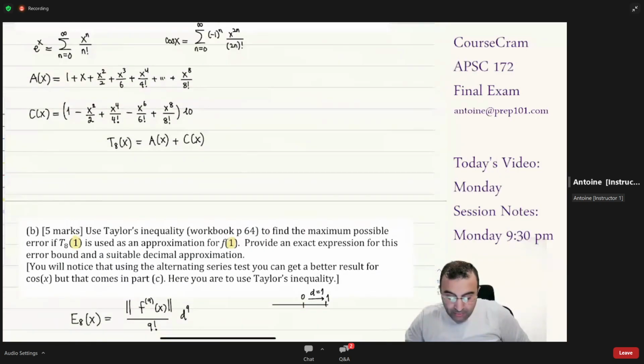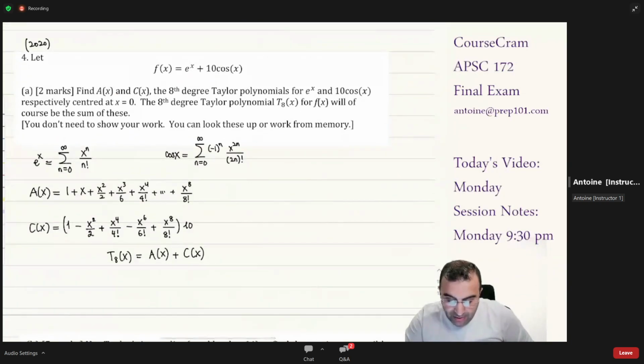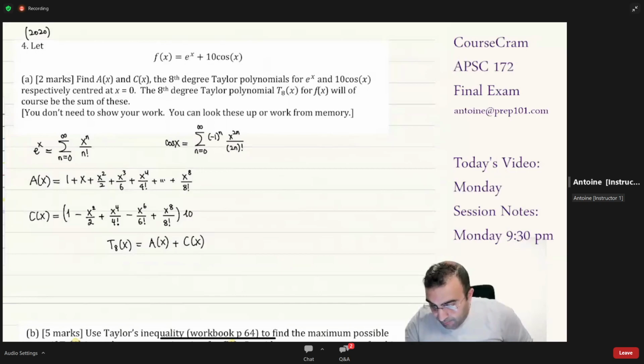Well, the derivative of e to the x is just going to stay e to the x, e to the x, e to the x. So what happens to cosine? So f is equal to 10 cos. f prime is minus 10 sine. f double prime is minus 10 cosine. f triple prime is 10 sine.